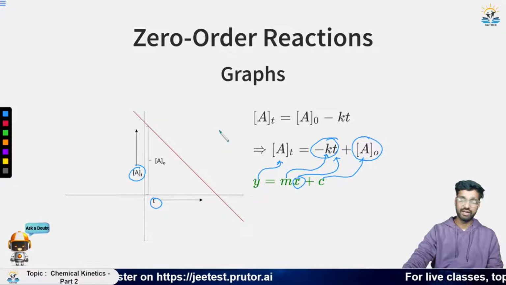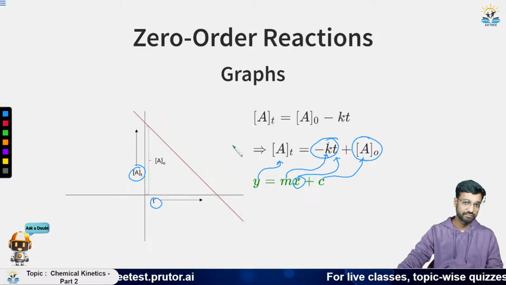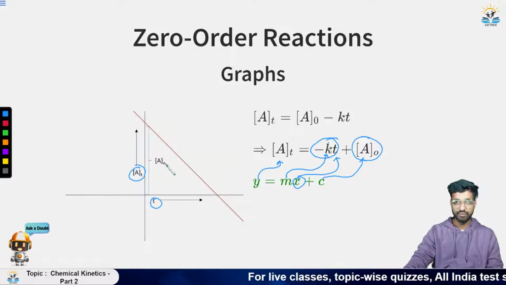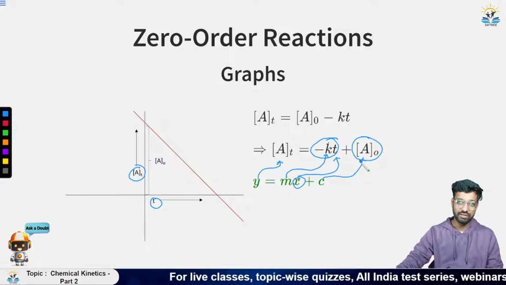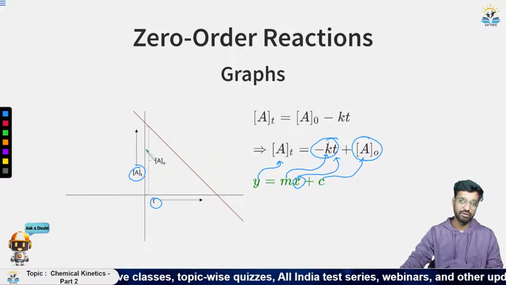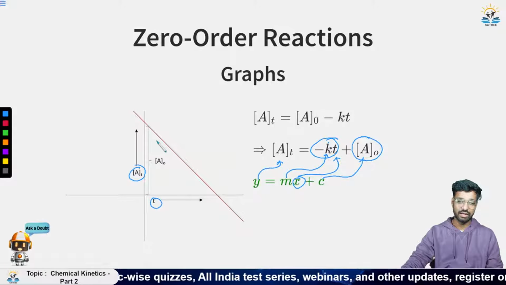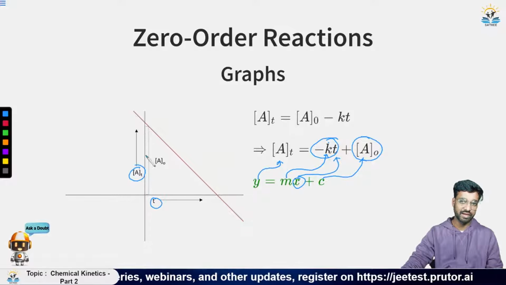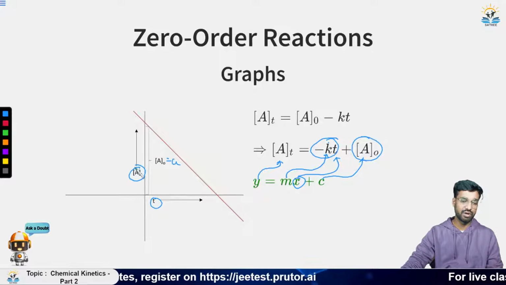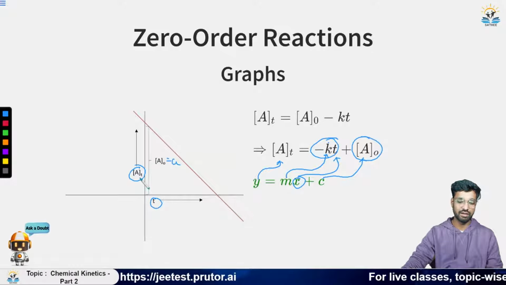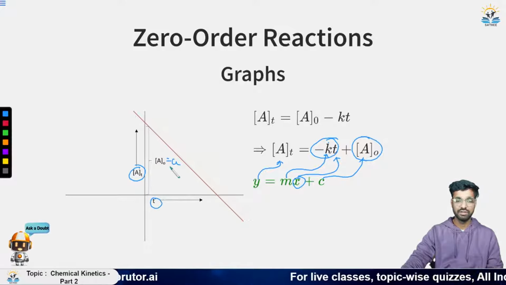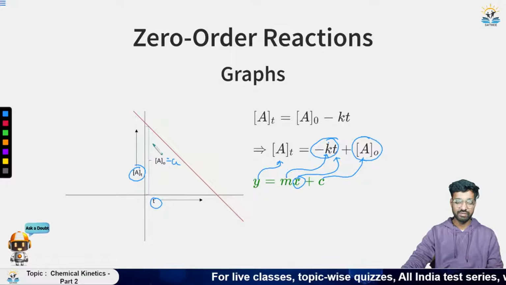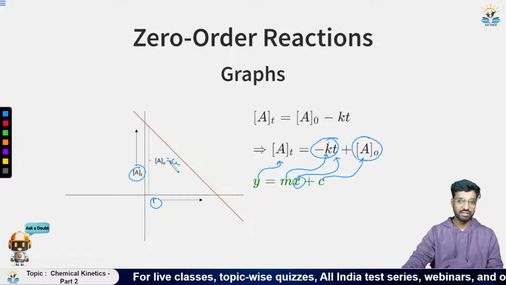This graph will have a negative slope because minus k is there, plus the intercept, that is the value of c, will be A naught. So if you are given a question with a graph, and it is said that it is a zero order reaction, and the intercept is given as some value, and we are plotting concentration of A against time, then the initial concentration will equal the intercept of this graph.